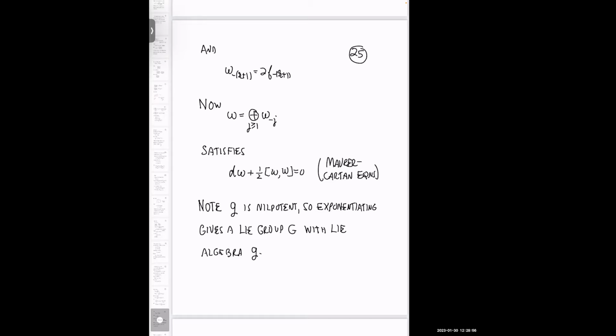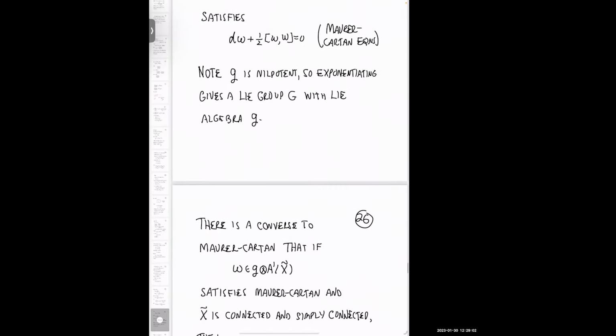Because this G is nilpotent, if you exponentiate, you have a Lie group associated to the Lie algebra.